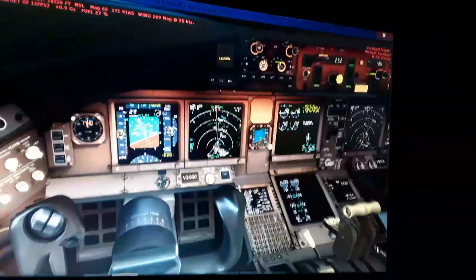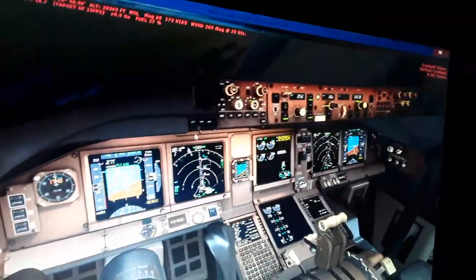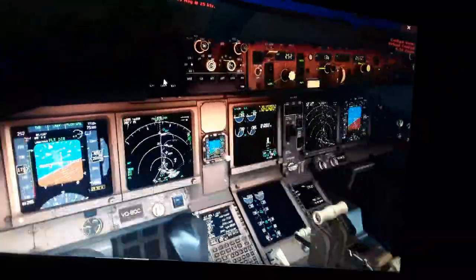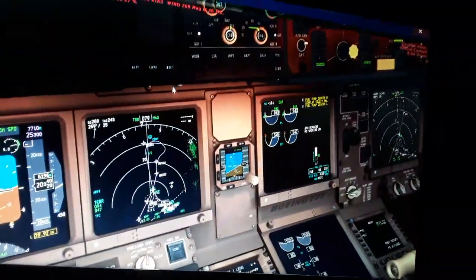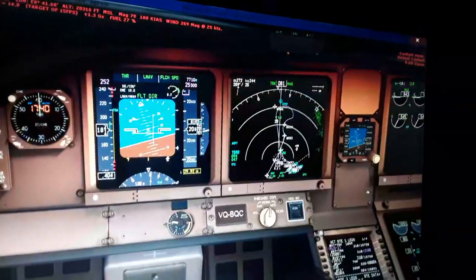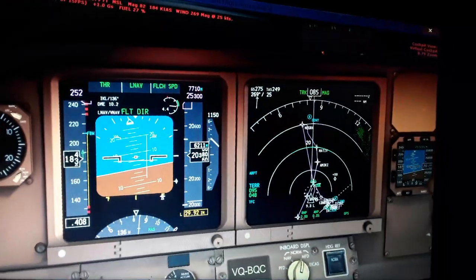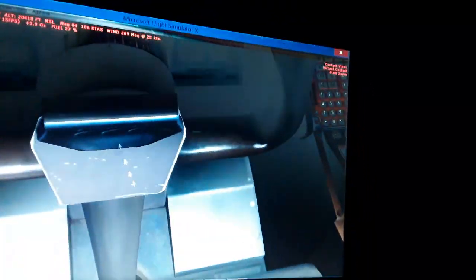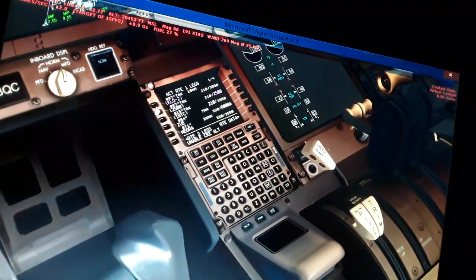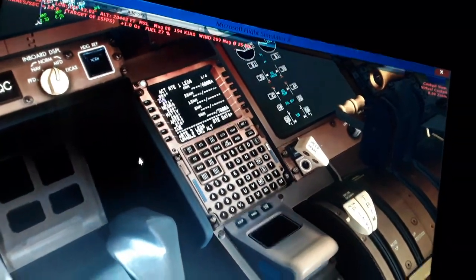So we cross 20,000 feet right now, like this. And we can level off for a couple of seconds to increase the airspeed. You can see the warning of the stall speed, the yellow warning. So we're gonna have the first waypoint here. Execute.